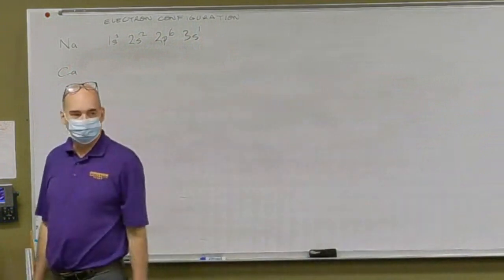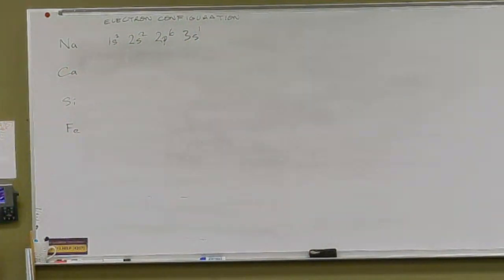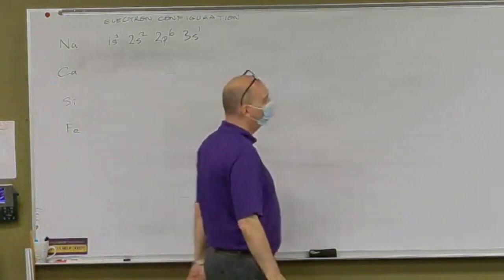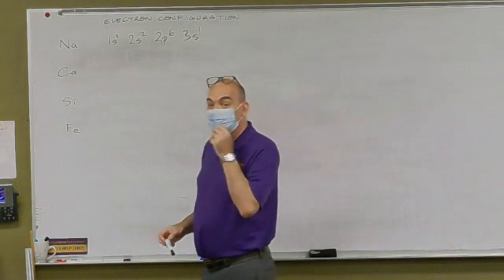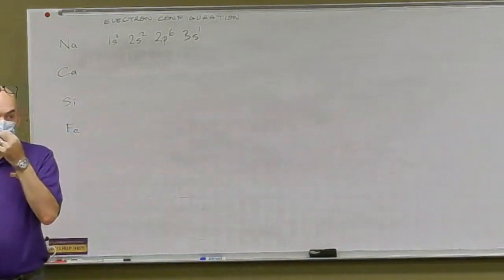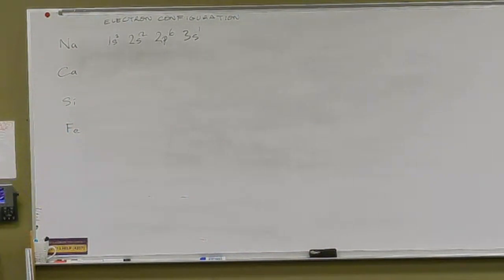Do that for calcium. Keep your finger on the page and convince yourself that you're doing it right. Those of you who've seen this before know that there is another shortcut where you write what is called the closed shell. Calcium comes after argon. So some people cheat, and instead of writing all the configuration up to argon, they just write argon in square brackets.